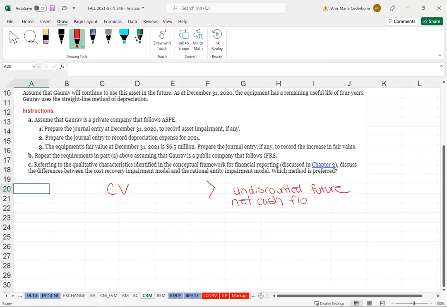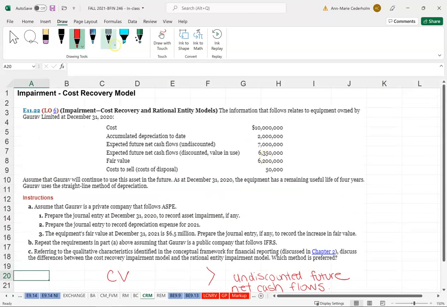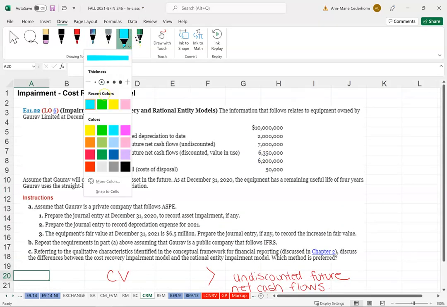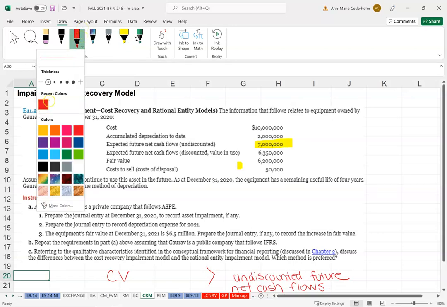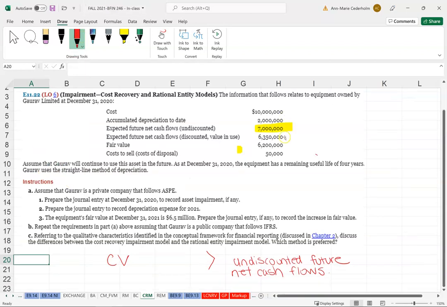And if it is, then there's impairment, and then we would have to write the asset down. So the undiscounted future net cash flows is just this value right here. Under the cost recovery model, we use the undiscounted cash flows. So that's 7 million.